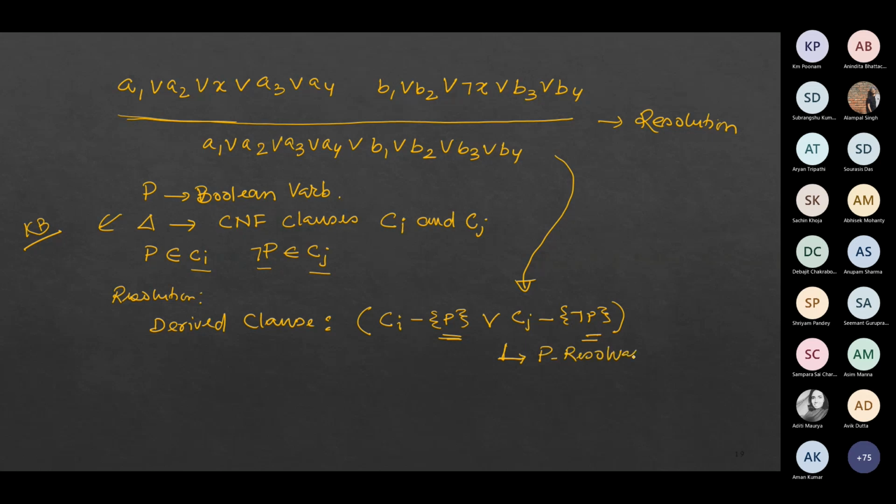This is a definition that we will be using later, and you need to try to keep it in your memory, right? So we are performing the resolution on a particular variable, and as an outcome, we are getting the derived clause, and this derived clause is called the P resolvent if we are doing this resolution on variable P, right?